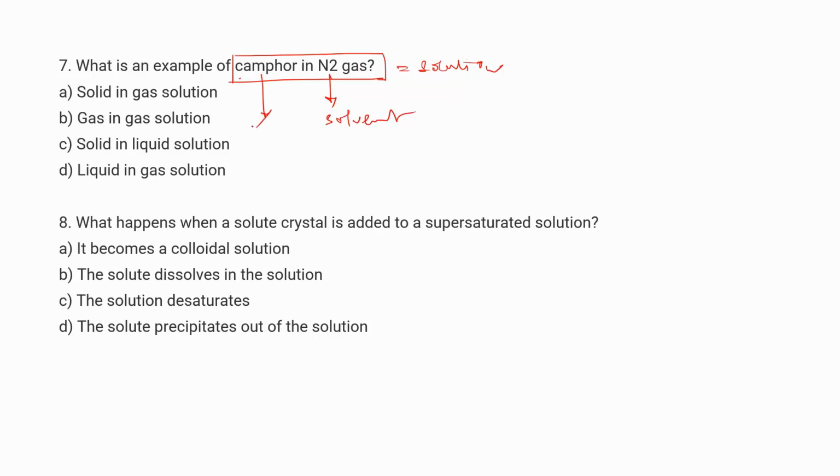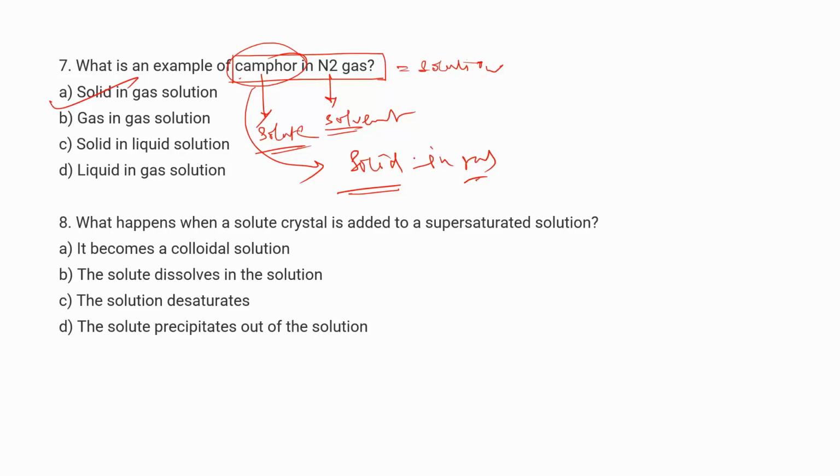Now camphor is a solid. Now we have to know what is the state of the camphor. So the state of the camphor is solid. So solid in gas, option 7 is the answer. Nitrogen gas is there, so it is a huge amount.